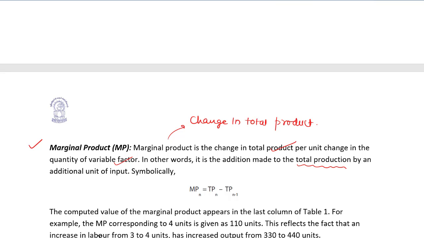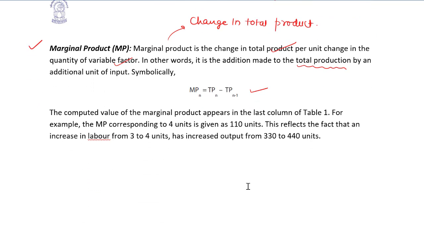Marginal product at the nth unit, like the fifth unit, equals total product at the fifth unit minus total product at the fourth unit. So MP5 equals TP5 minus TP4. MPn equals TPn minus TPn-1.